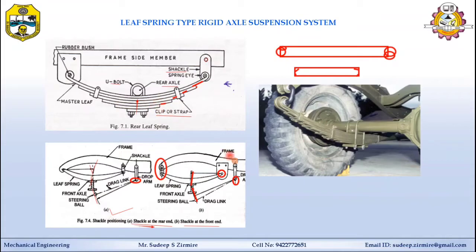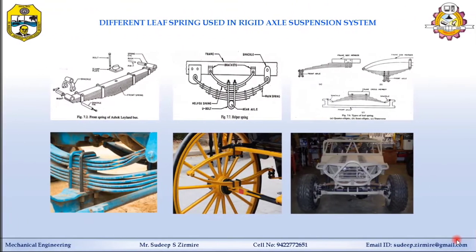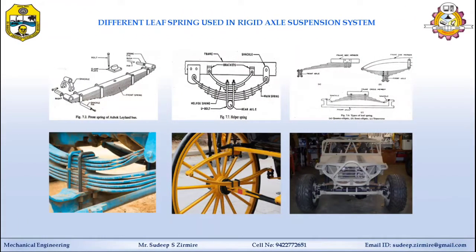Here we are going to learn different types of leaf spring used in the suspension system. So first you can see here the quarter elliptical leaf spring. It is the half part of the semi-elliptical leaf spring. You can see clearly here from this point to this point, quarter elliptical leaf spring.